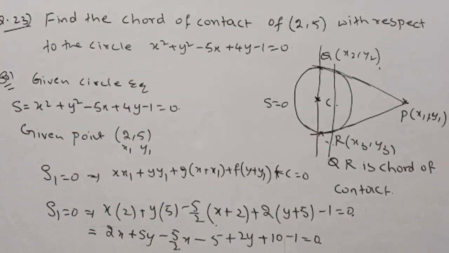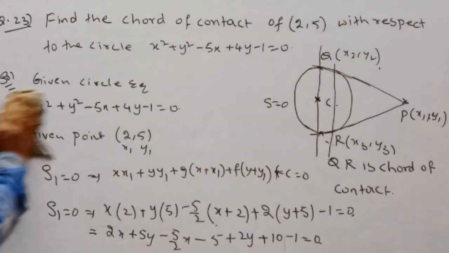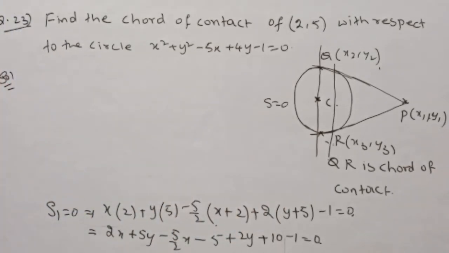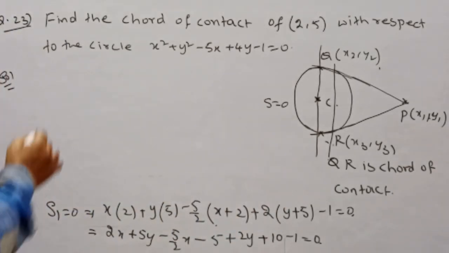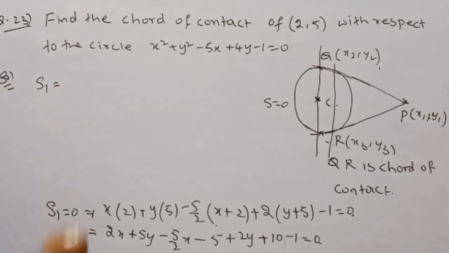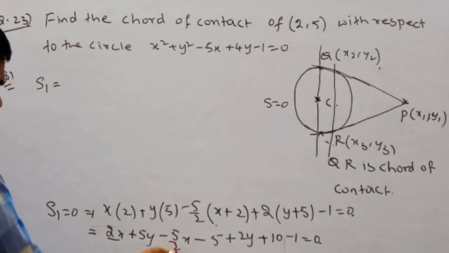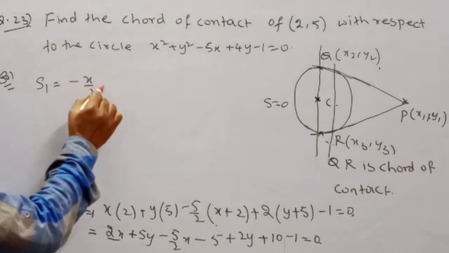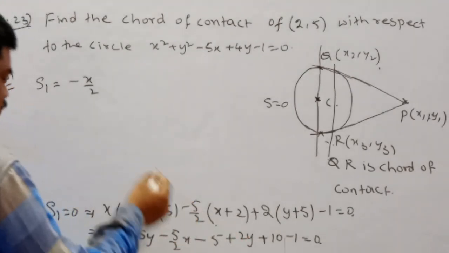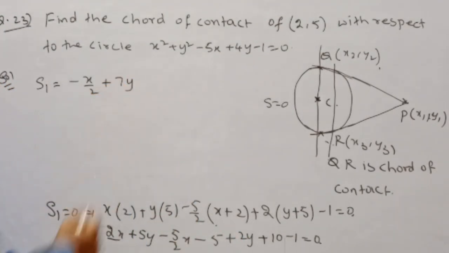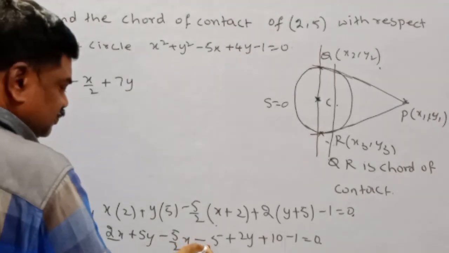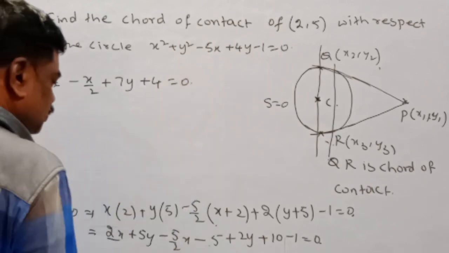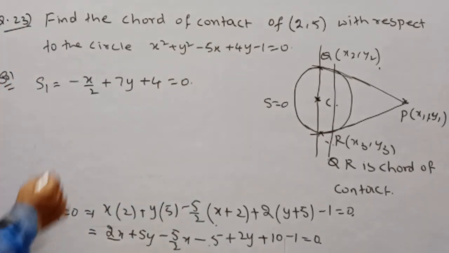So here, you see the chord of contact. S1 is equal to 2x minus 5 by 2x, this is minus x by 2. Okay, 5y plus 2y is 7y. This is minus 5 plus 10 minus 1, so plus 4 equal to 0. Okay, all of you?